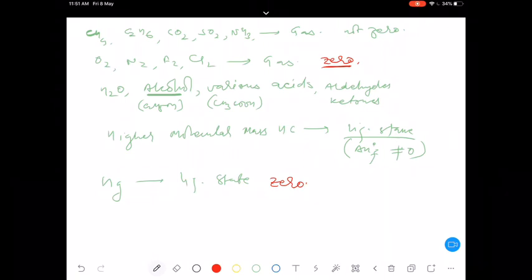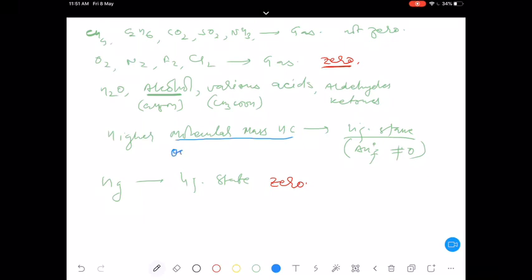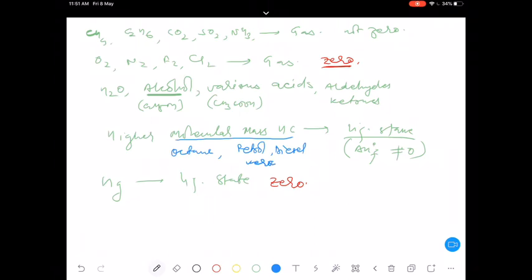Now, higher molecular mass hydrocarbon, when I write, you can write octane, like petrol, diesel, kerosene, or any different type of gasoline you can write. Clear? Any confusion, any doubt for standard state?